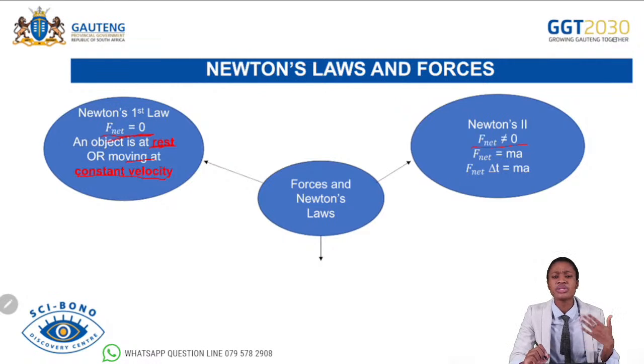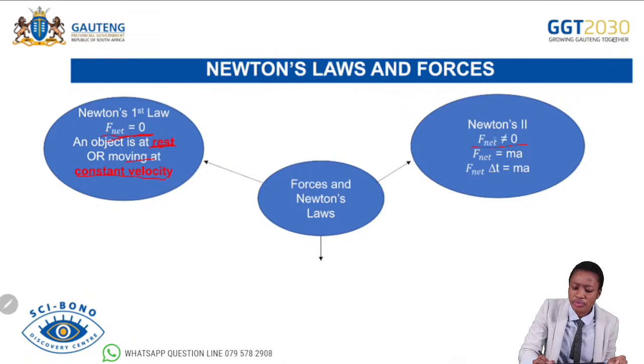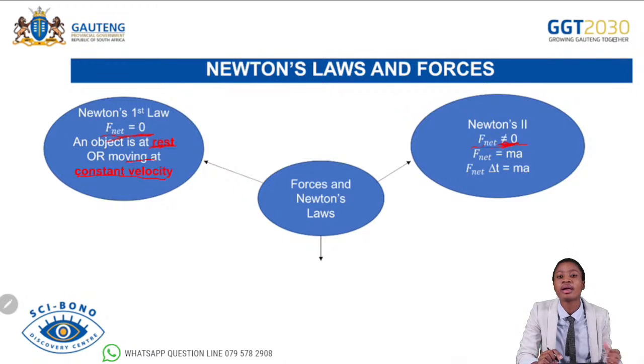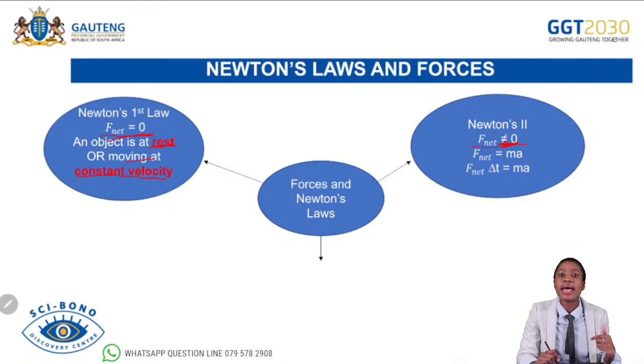And you will see when we discuss it extensively that the object will accelerate in the direction of the net force. So the net force is not equal to zero. What does that tell you? That all the forces summed up together will not equal zero. So there will be a net force, and therefore there will be an acceleration.